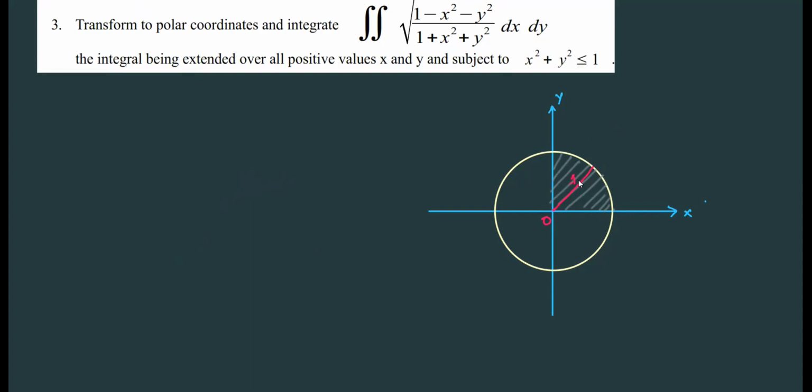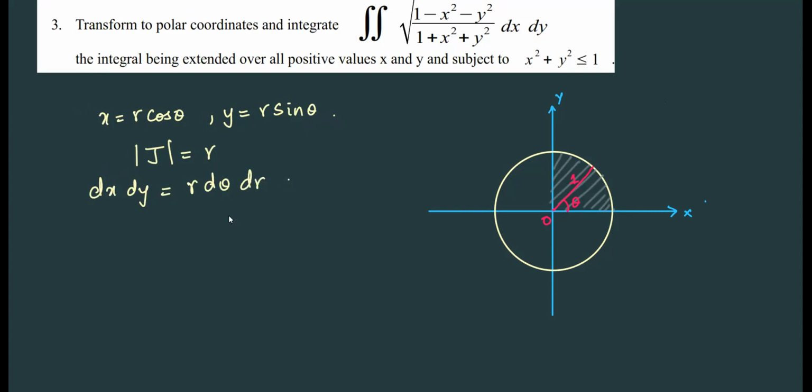So this is 1 and this is theta. Now let us transform. X is equal to r cos theta, y is equal to r sin theta. And the Jacobian we calculated as r. So dx dy is r d theta dr.